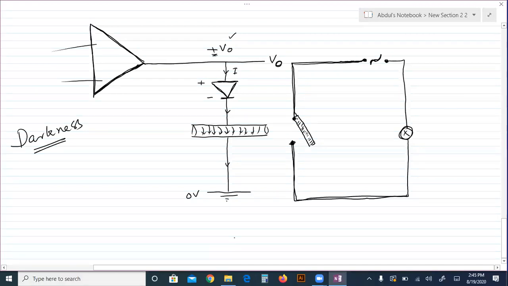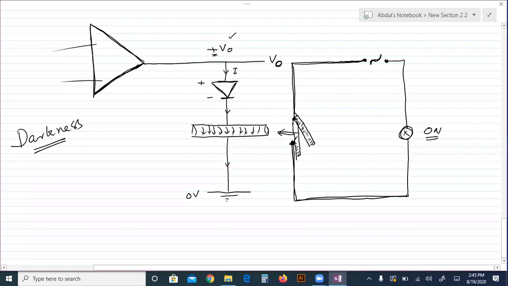This electromagnet attracts the iron leaf in this direction. When it is attracted, it makes contact with the other end of the copper wire. When this iron leaf touches the lower end of this copper wire, the circuit is completed and the street light goes on.